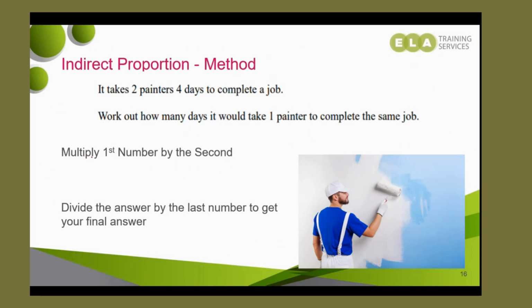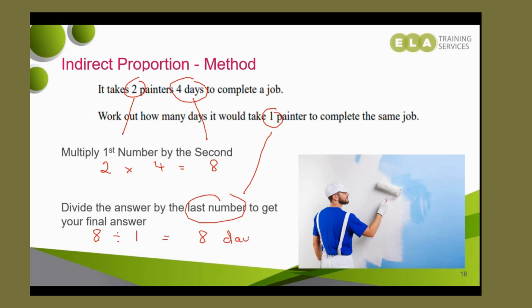So we multiply the first number, which is 2, by the second, which is 4. So 2 times 4 is 8. And then our second step, divide the answer by the last number, which is 1. So 8 divided by 1 equals 8. It takes 8 days for 1 painter to do the job that it took 2 painters 4 days to do.